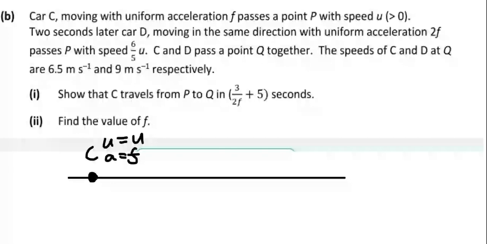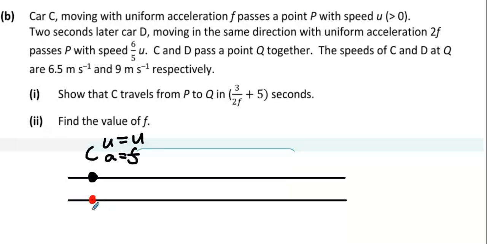Now, we also have a separate track or separate lane for car D if that's cool with us. What happens 2 seconds in the future? Car D starts moving in the same direction with acceleration 2F and passes P. So it's already moving, isn't it?